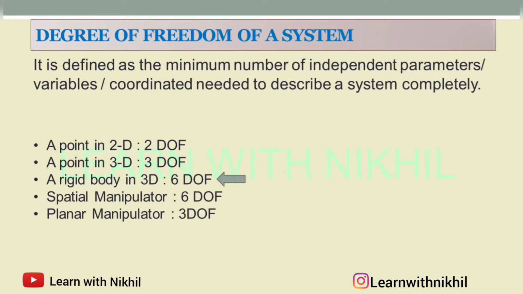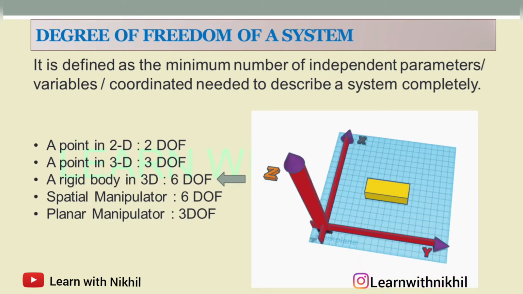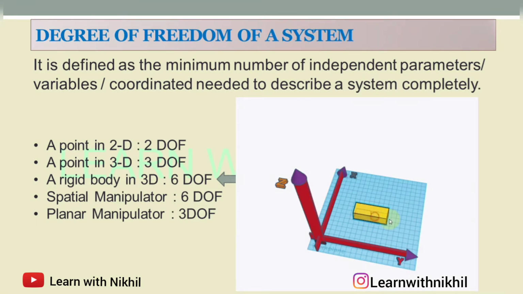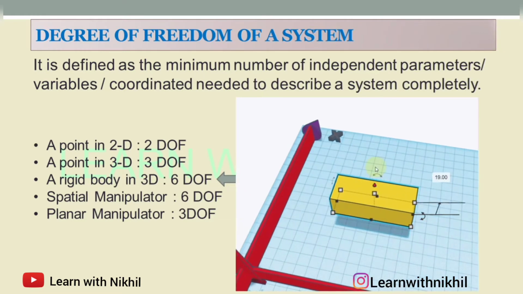Now next, here we'll consider a rigid body in 3-dimensional, which has 6 degrees of freedom. Here you have considered a rectangular box which is placed in this 3-dimensional space. It has x, y, and z coordinates. Now how do you get 6 degrees of freedom? This box moves in the y direction, that is 1, the x direction, that is second, and it moves up and down, so this will be 3 positions.